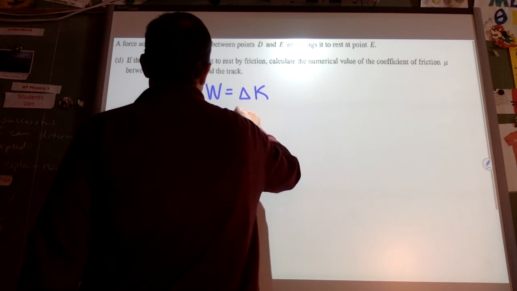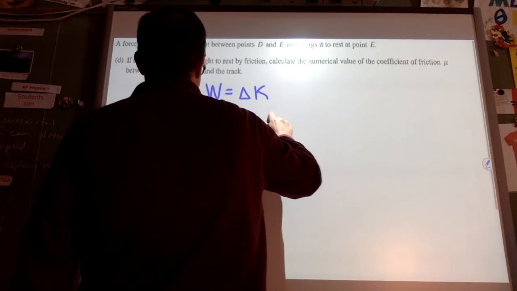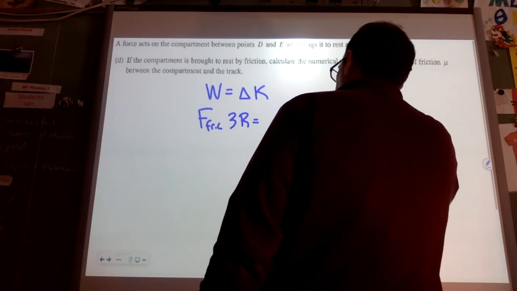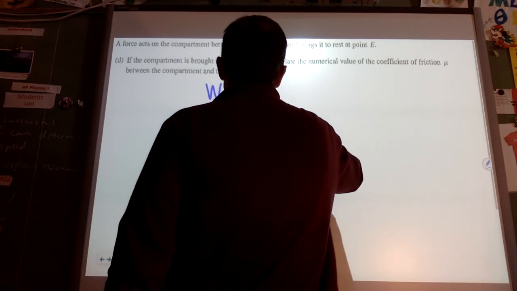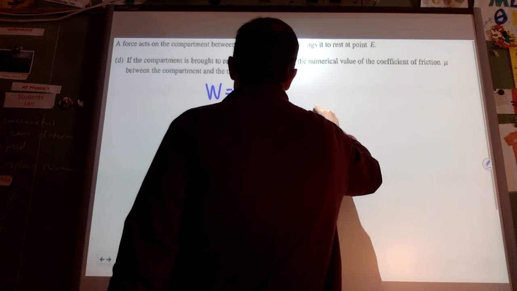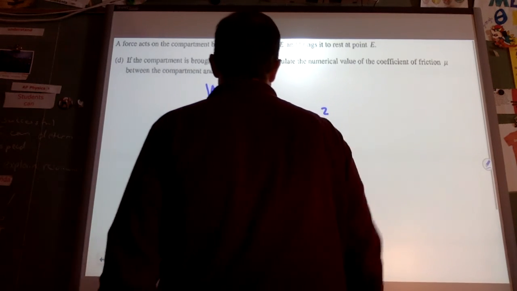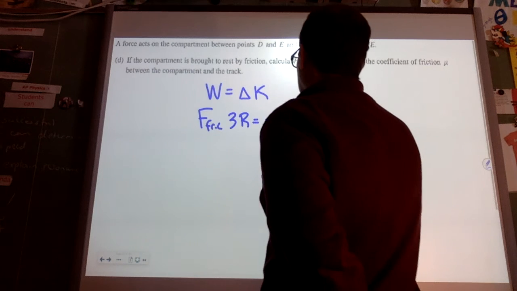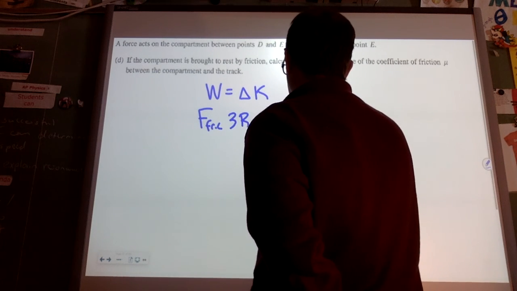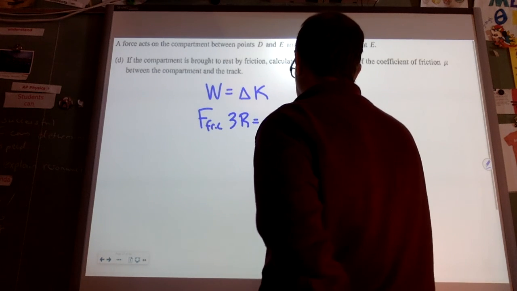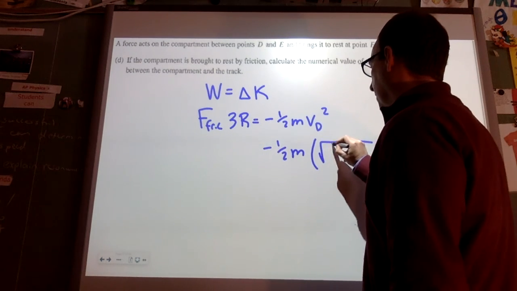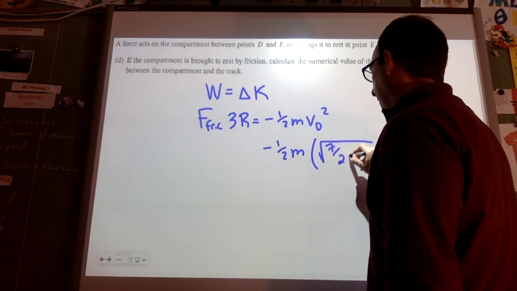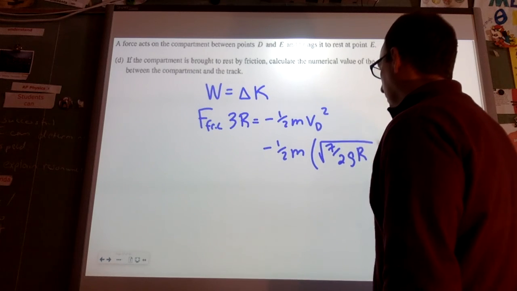F friction times 3R is going to be equal to negative 1/2 m VD squared. We said that this was the square root of 7/2 gR.